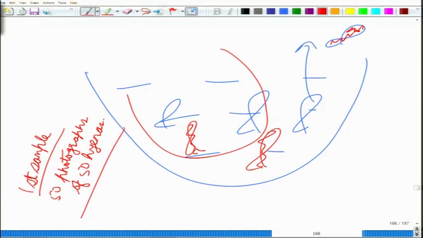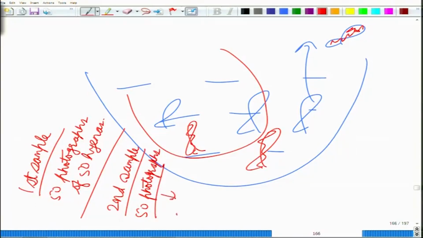Now, you wait for some more time and then you take a second sample. Now, in this second sample, you were again able to capture 50 photographs. Now, out of these 50 photographs, it turns out that 20 are individuals that were photographed before.